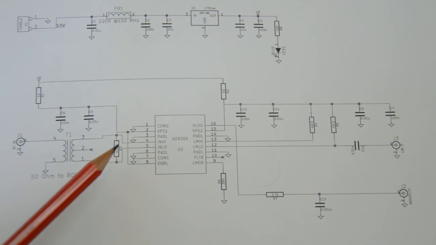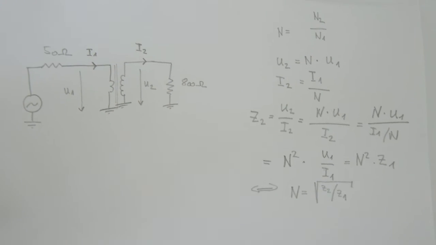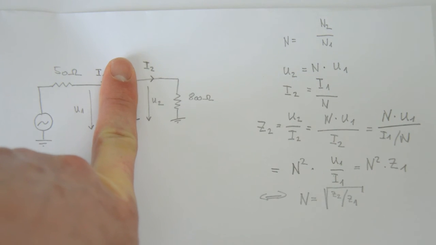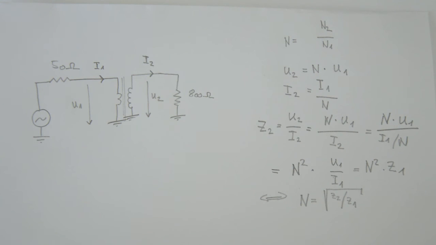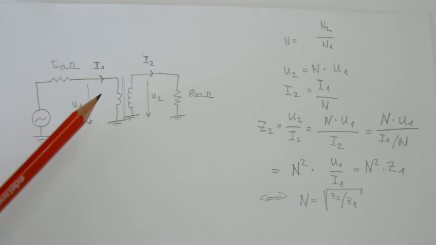You can do the math and you'll see that this is reasonably close to 800 ohms. Now, if we were not to impedance match, we would connect 50 ohms of source impedance directly to 800 ohms of input impedance here, and then clearly there is a serious mismatch between impedances. So this transformer here helps matching these impedances.